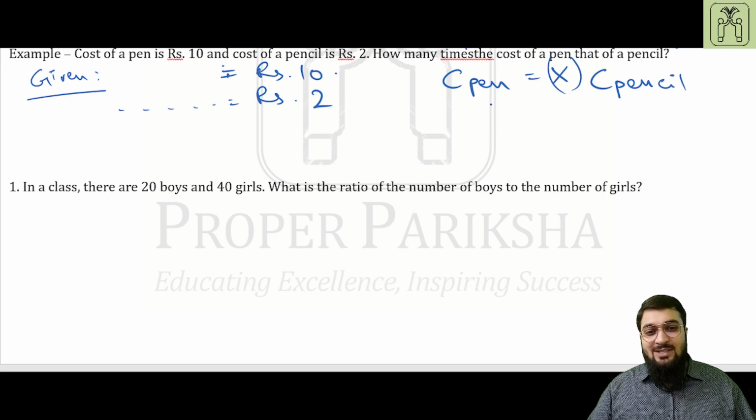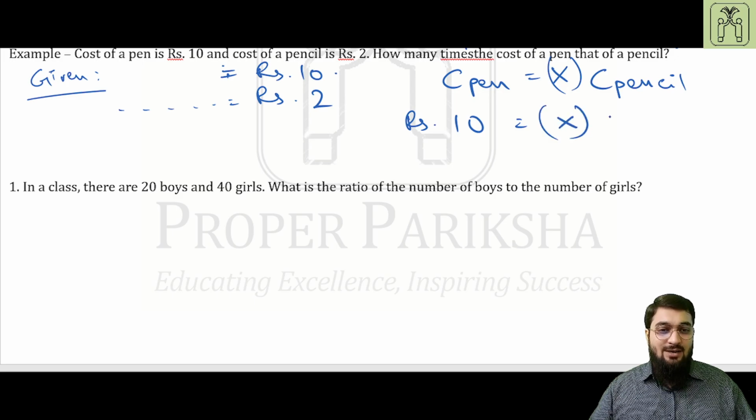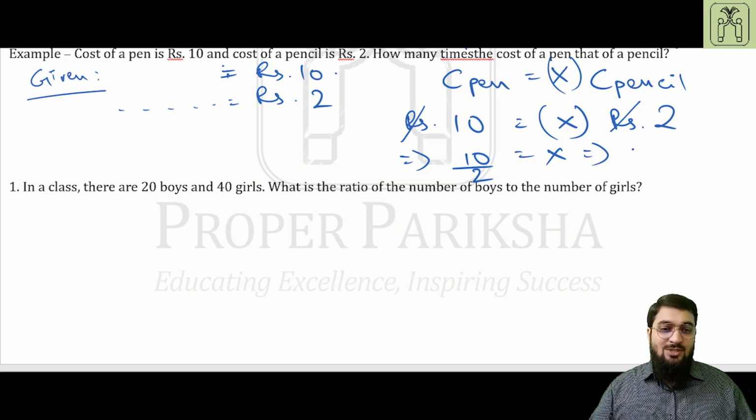So how do we find that? We will write C pen on the left side, that is rupees 10, is equal to x times C pencil, which is rupees 2. Rupees and rupees will get cancelled out, and 2 will be transferred to the left hand side. That will make it 10 upon 2 is equal to x, and 2 will divide 10 five times, which will give us x is equal to 5.